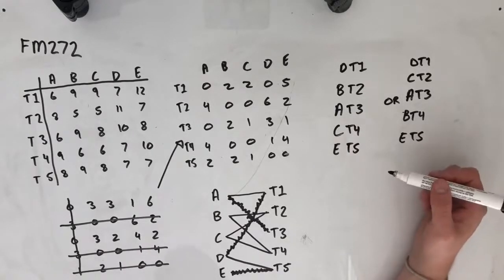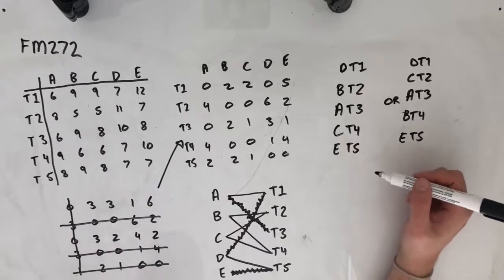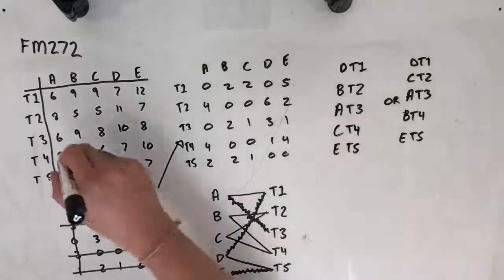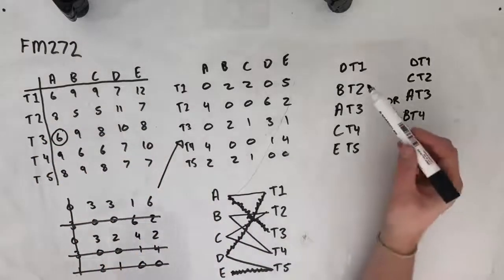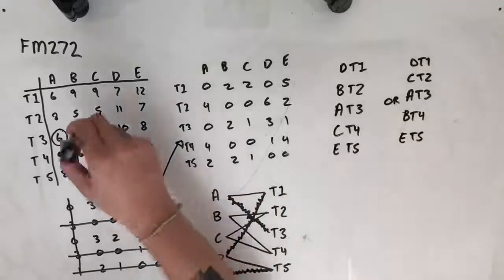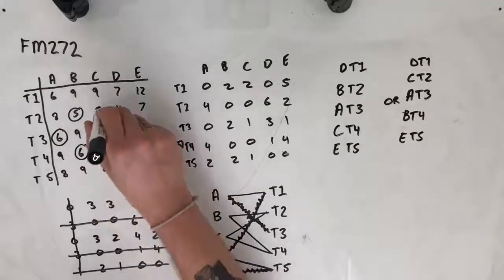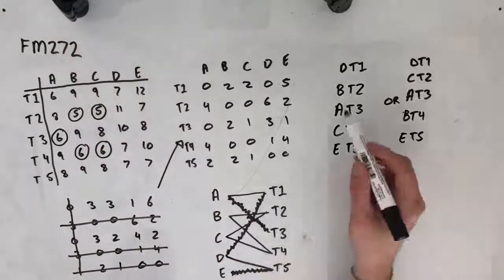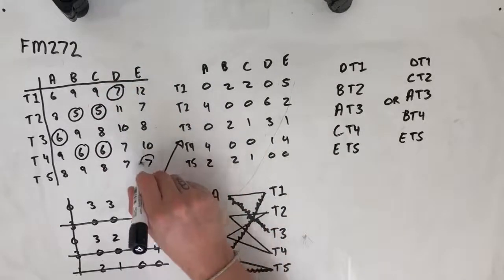Now the question actually asks, if each worker starts their job at the same time, then the first worker to finish could be who? Now, if we look at these possible allocations, A is set on task 3, B is on either 2 or 4, C is also on 2 or 4, D is set to task 1, and E is set to task 5.